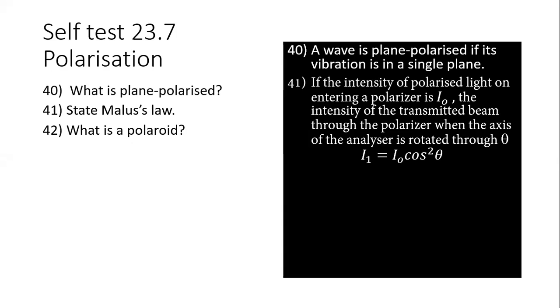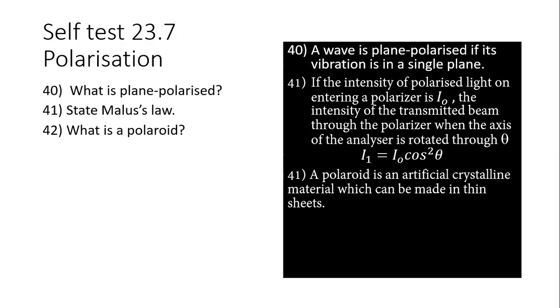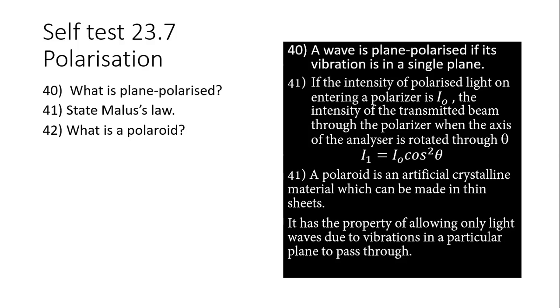What is a polarizer? You are not paying attention in class. How are you going to go forward? Memory alone won't do. You never write down. Write down. A polarizer is an artificial crystalline material which can be made into a thin sheet. It has the property of allowing only light waves vibrating in a particular plane to pass through.